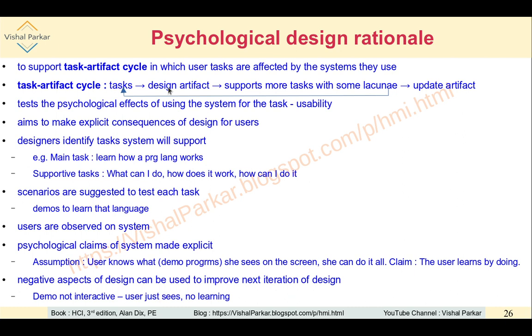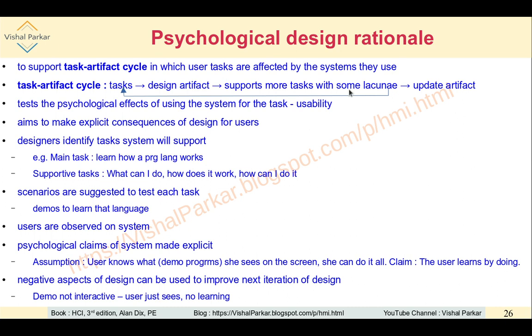So that product is designed, that becomes the artifact, and that artifact or that product now supports the tasks which were initially identified. But it is next found out that in addition to those tasks, there are some more tasks which are also supported by that artifact, but maybe with some limitations.